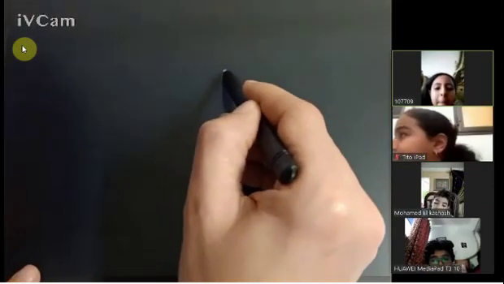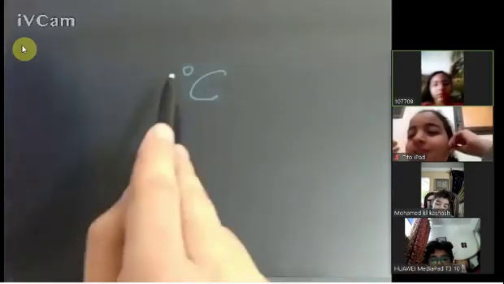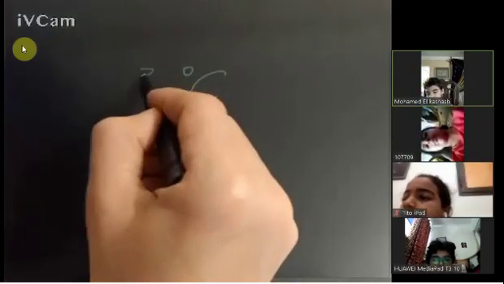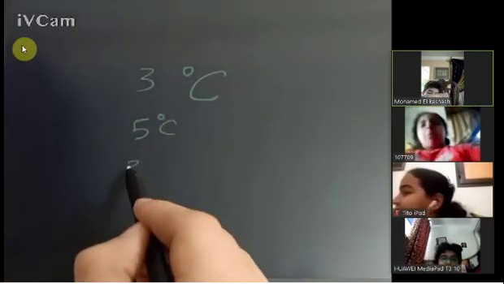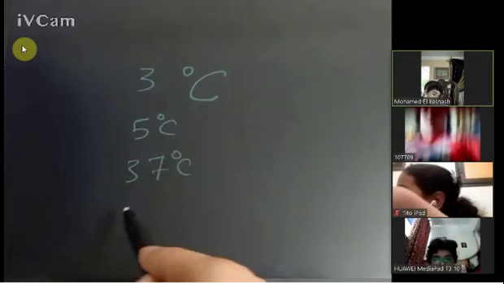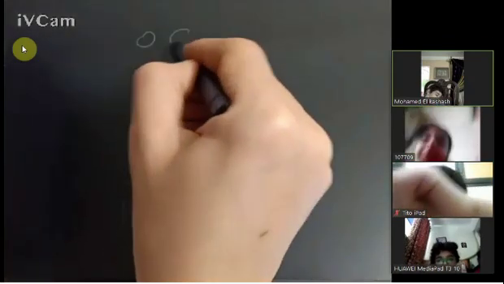We can write it like this: a C with a small circle over it, degrees Celsius. So we can say 3 degrees Celsius, 5 degrees Celsius, 37 degrees Celsius, 100 degrees Celsius, or 0 degrees Celsius.